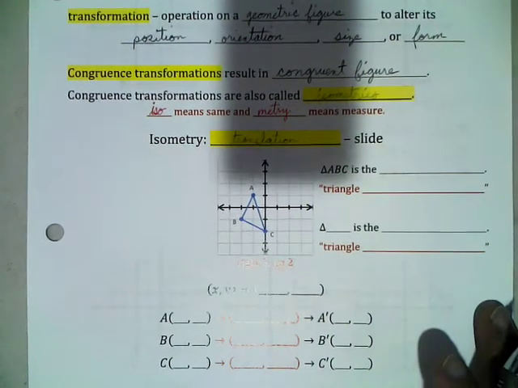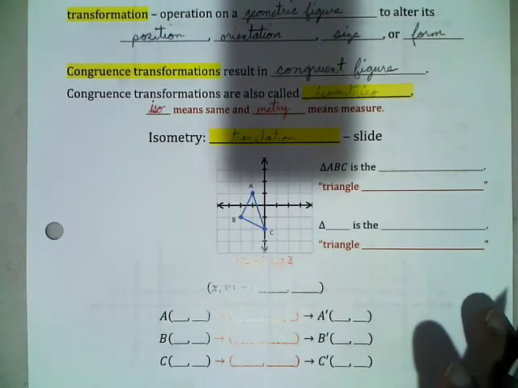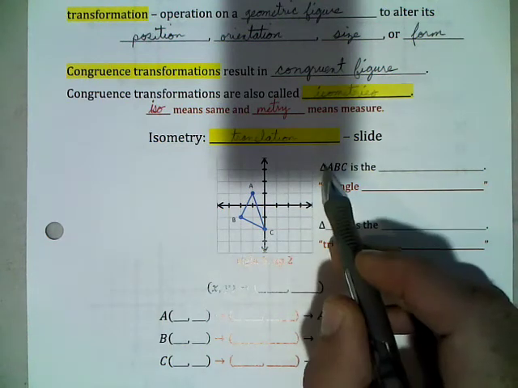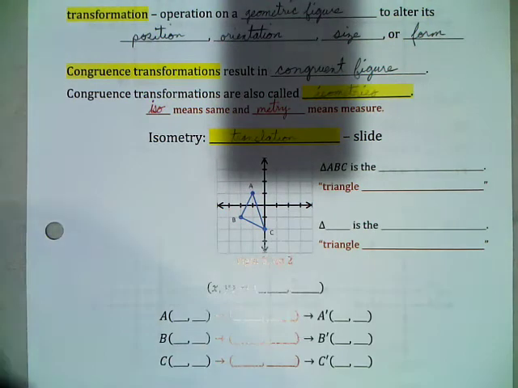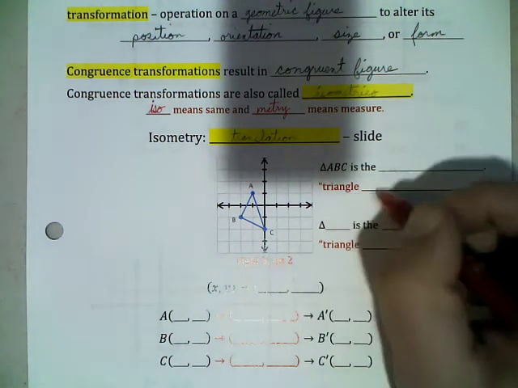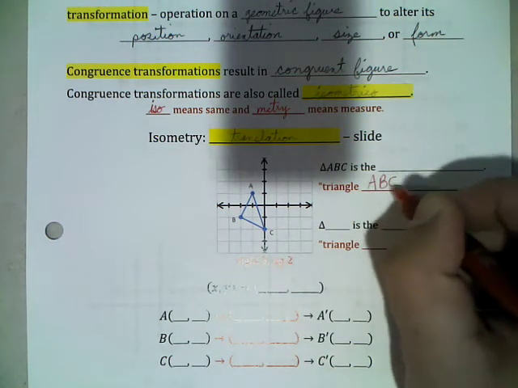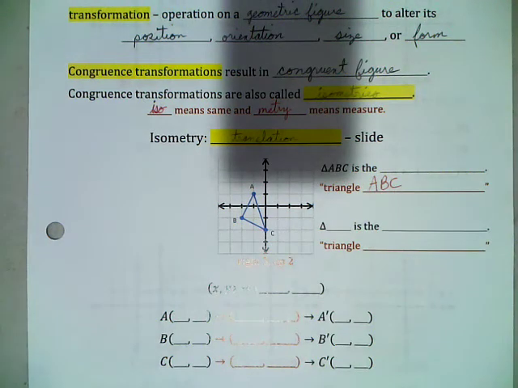So down here I have the triangle ABC. And symbolically we would write that by actually drawing a triangle and the letters ABC. And it is read, as we just said, triangle ABC. And this is our original figure. We haven't done anything to it yet. This is before the transformation, before the translation in this case.